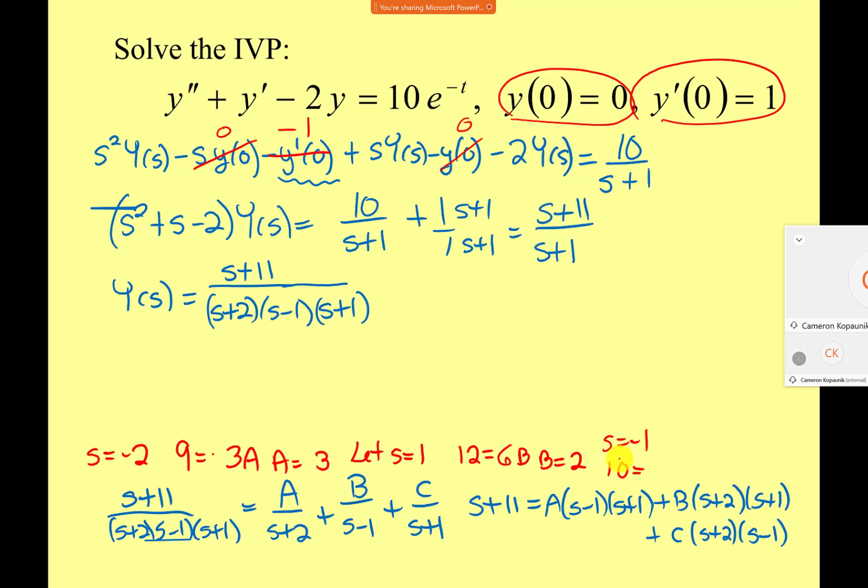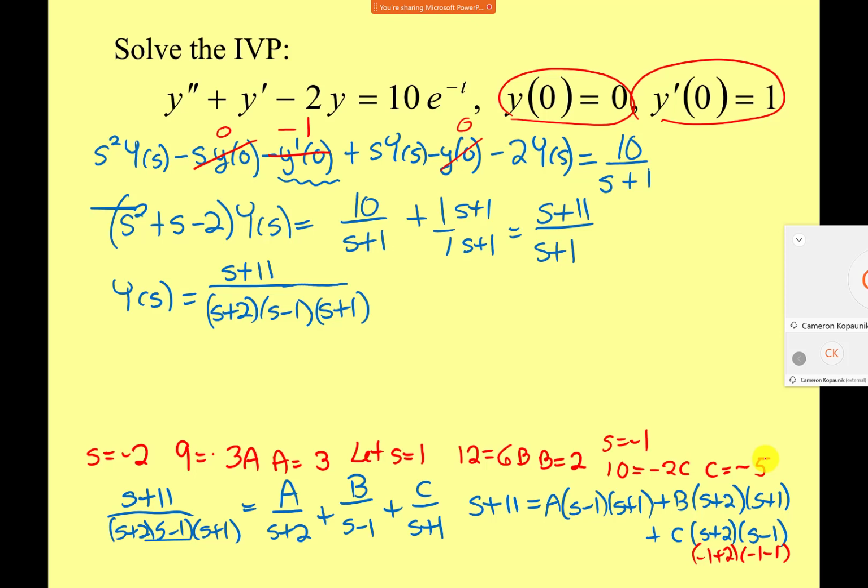And then that is going to zero out the A part and the B part. And I'm going to have negative 1 plus 2 right here, and negative 1 minus 1 right there. So it looks like that will be negative 2 on the C. So it looks like C ends up being negative 5.